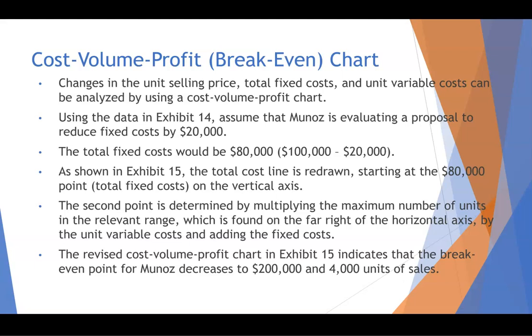Using the data in that previous slide, let's assume Munoz is evaluating a proposal to reduce fixed costs by $20,000. So the total fixed cost would then be $80,000. As we'll see in the upcoming slide, the total cost line gets redrawn, starting at $80,000 on the vertical axis. And then the second point is determined by multiplying the maximum number of units in the relevant range, way on that horizontal axis, by the unit variable cost, and adding the fixed costs.